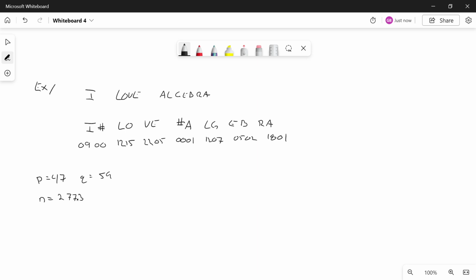So I don't want any message being larger than my n, 2,773, because if it is, then it is possible for me to have two different messages meaning two different things. I don't want that. So we need to make sure that each message, which we'll say is m, is less than n. And in this case, if we look through all of these, the largest message we have is 2,205. Well, that's less than 2,773. So all our messages are safe. They're all going to, in fact, be unique.